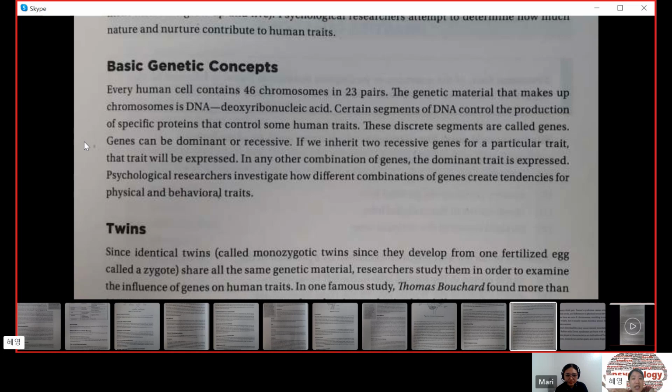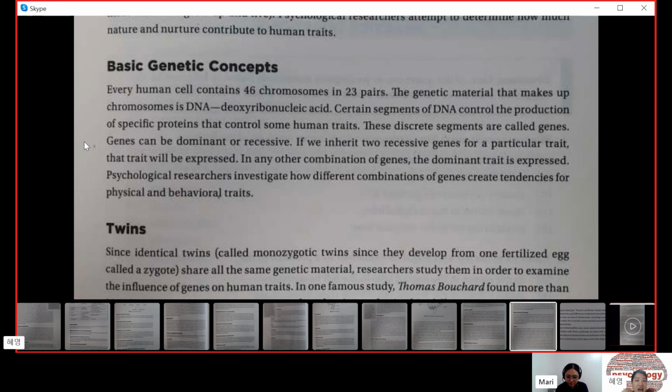Certain segments of DNA control the production of specific proteins that control some human traits. These segments are called genes. Genes can be dominant or recessive. If we inherit two recessive genes for a particular trait, that trait will be expressed.